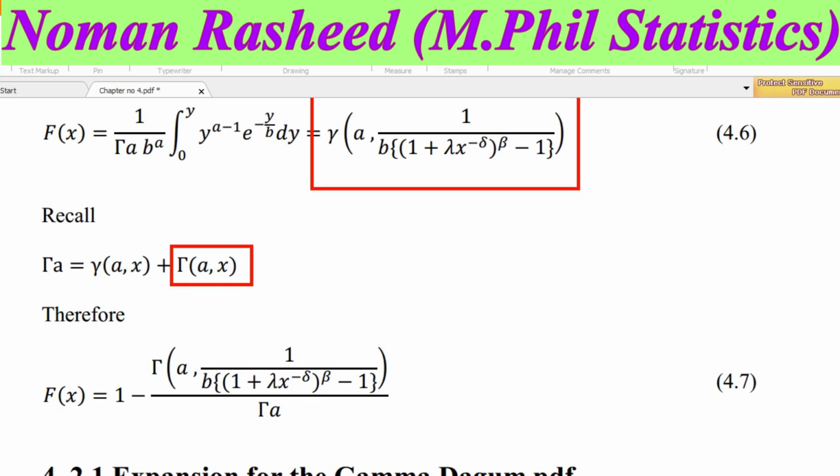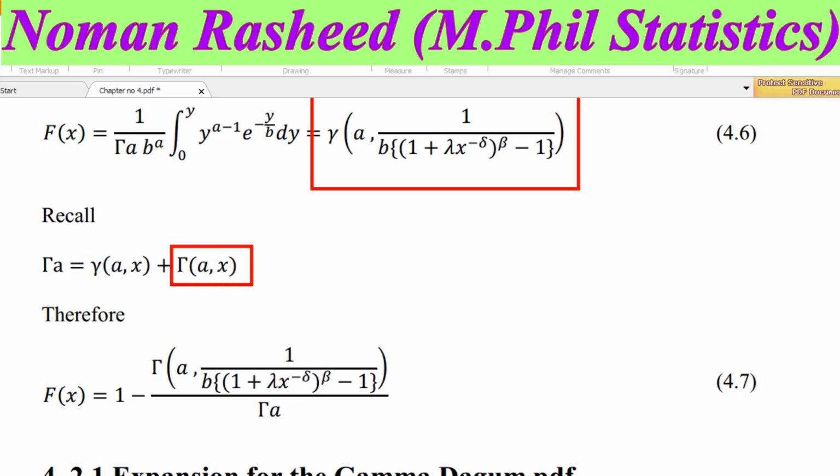We can obtain the upper gamma in different software like R, MATLAB and others. So we can plot these models using the upper gamma limits. That's why I use the upper gamma instead of the lower gamma.